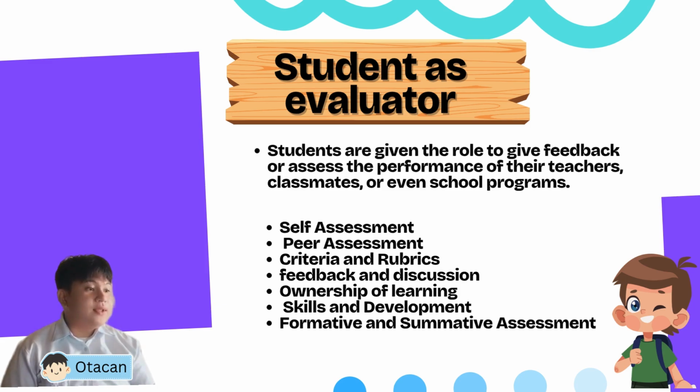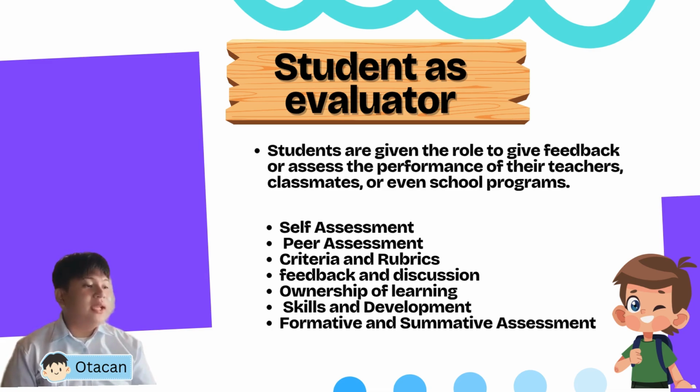This includes self-assessment. So self-assessment, it is when students reflect on and judge their own performance. It also promotes self-awareness, responsibility, and goal setting. For example, rating their own contribution in a group project or group performance.